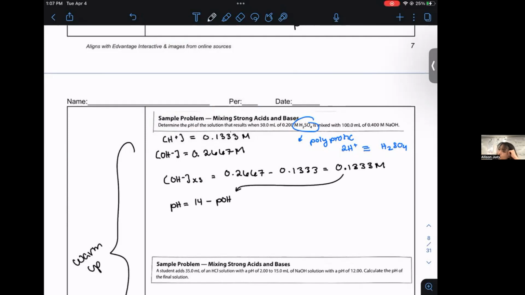So this ends up being quicker. Okay. And you would have gotten a pH of 13.125. How do we go from molarity to the pH? Negative log of your molarity. Negative log of the excess, right? Yeah, the excess. Mm-hmm.